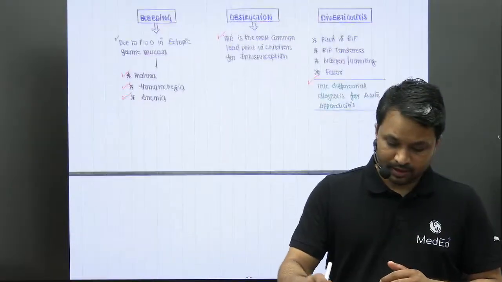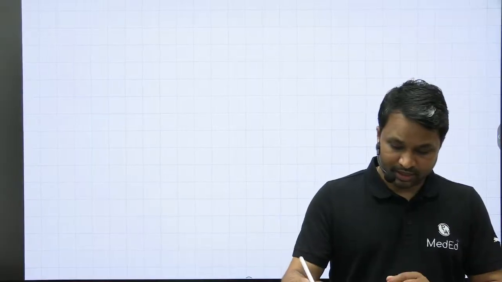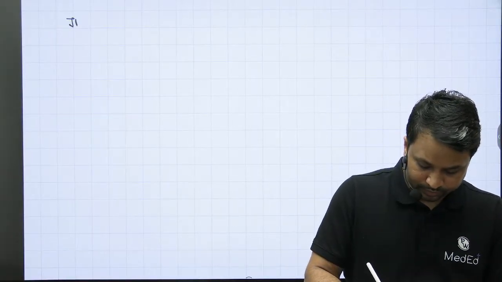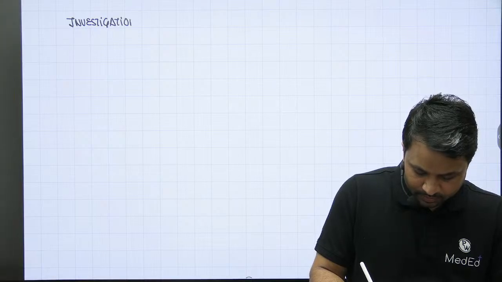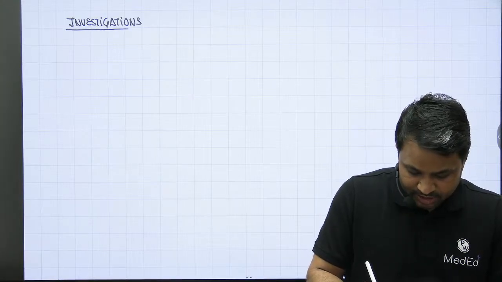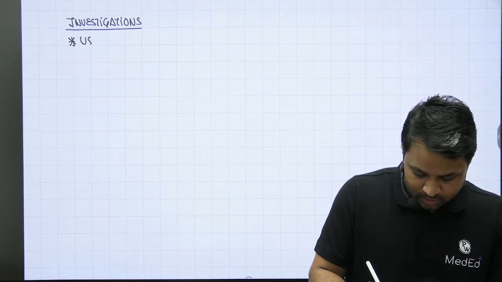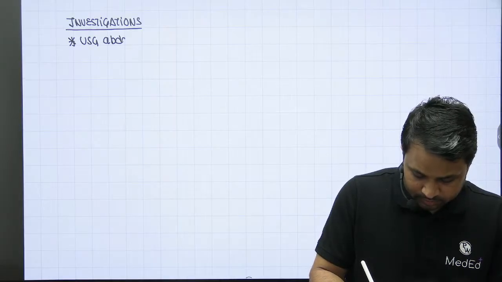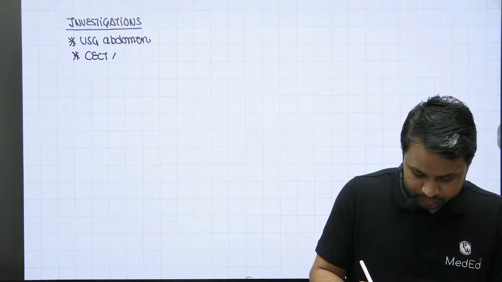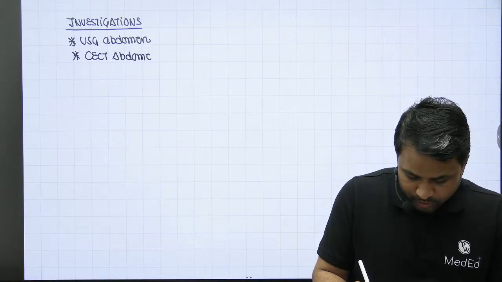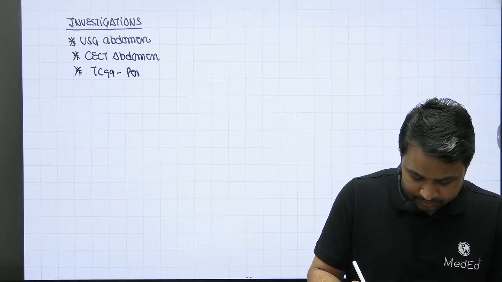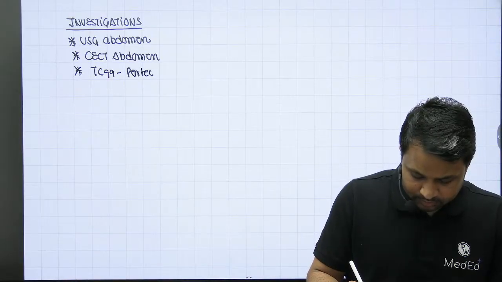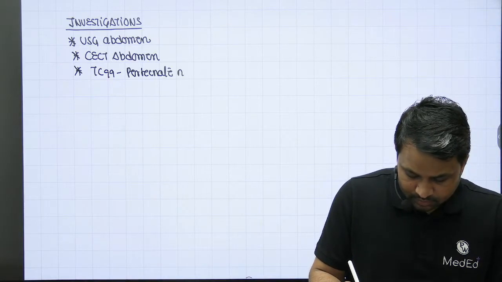Okay? Now, when you talk about Meckel's diverticulum, what are the investigations that you can do? Number one is the ultrasound of the abdomen. We can do a CECT of the abdomen. But more importantly, it is the technetium 99 pertechnetate scan, which is most effective.